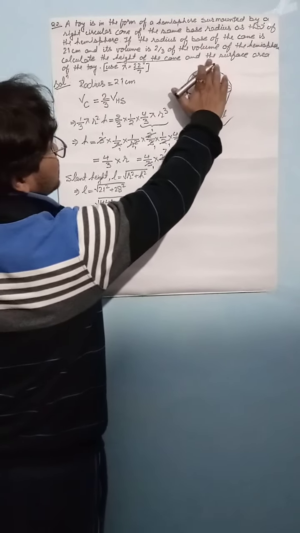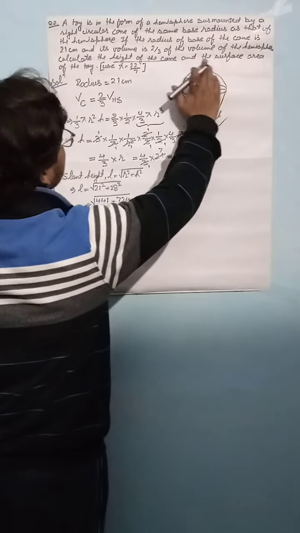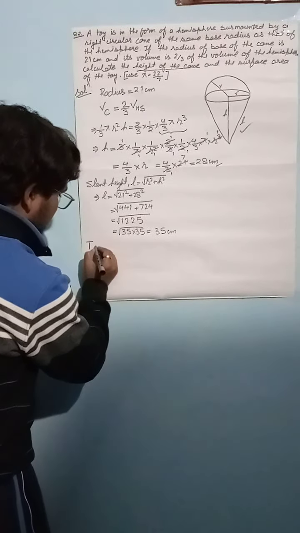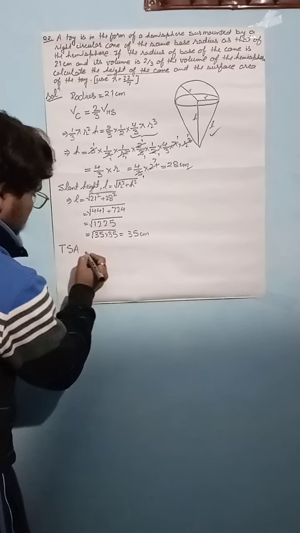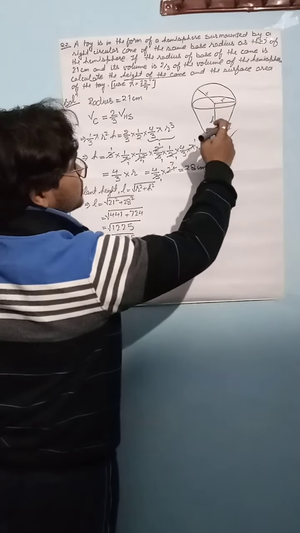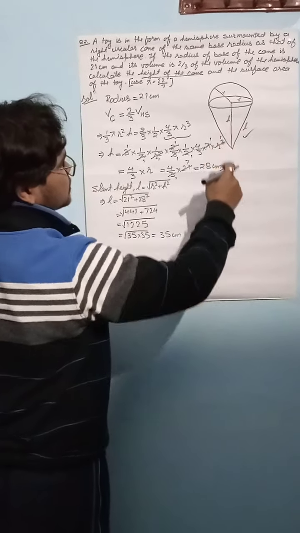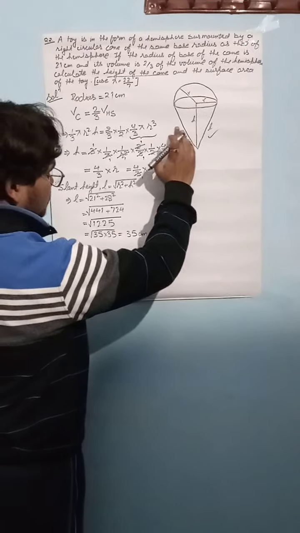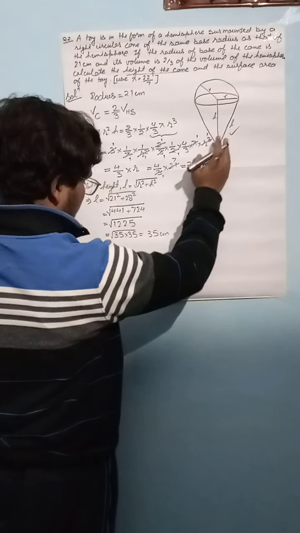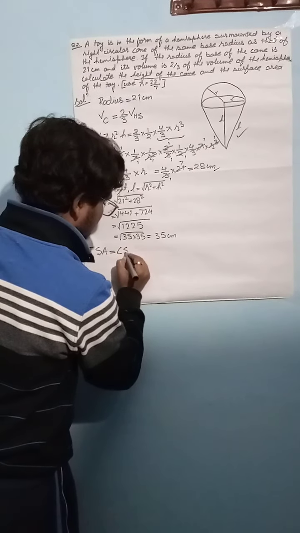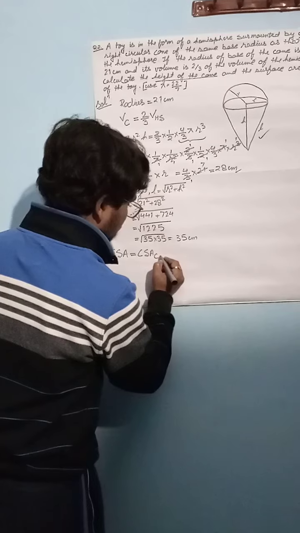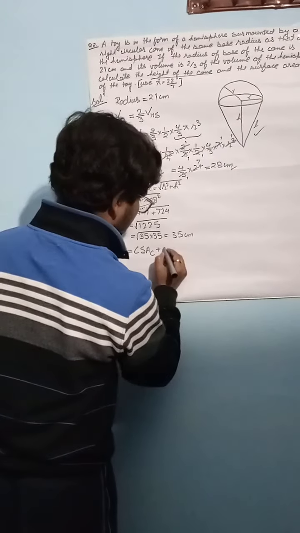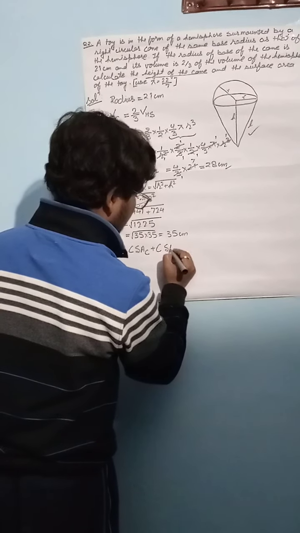We have to find here the surface area of the toy. Total surface area of the toy is the curved surface area of this cone and the curved surface area of this hemisphere.